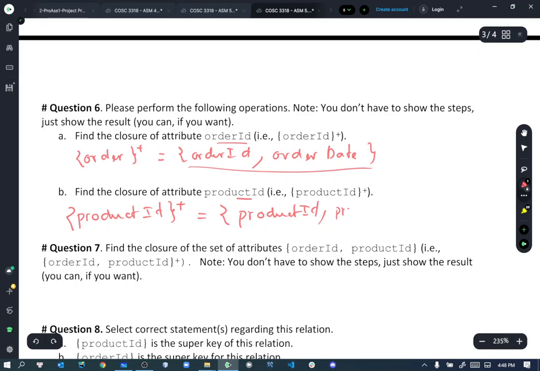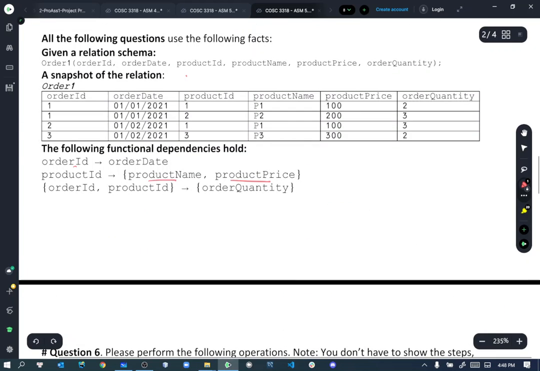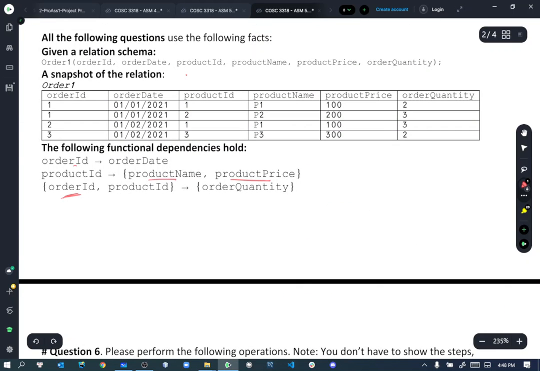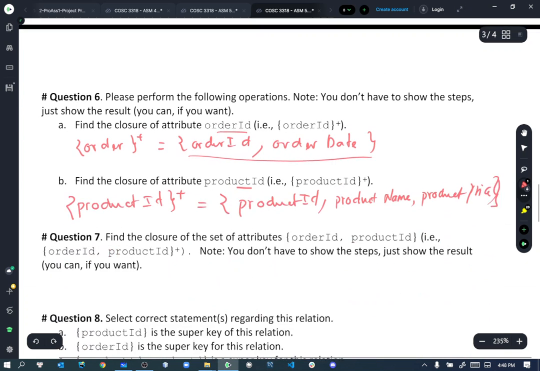So this will be the closure of it because there is nothing else. Product ID only cannot determine quantity, cannot determine order, and cannot determine order date. So that one is the closure.